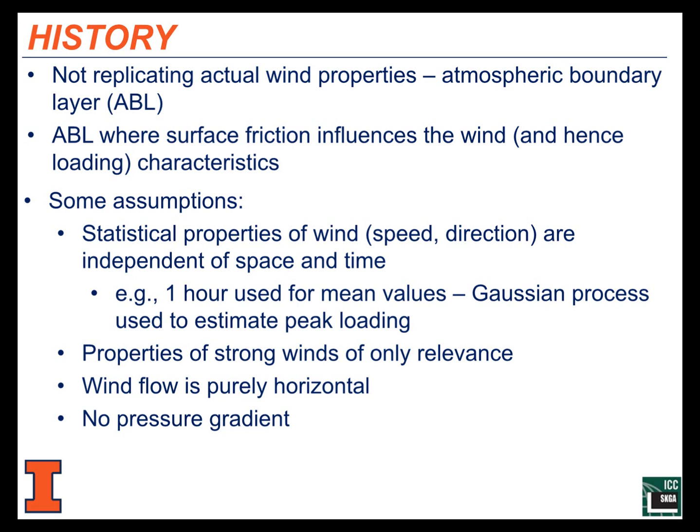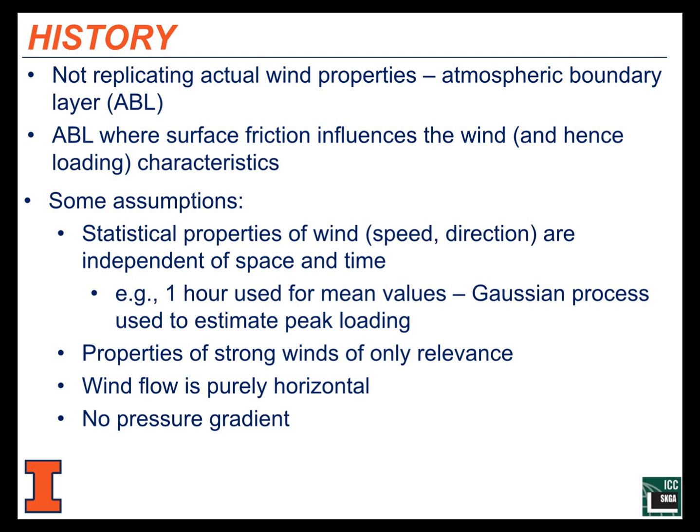Another thing that we assume with this independence in space and time is that we can describe these processes with simple Gaussian normal distributions to estimate peak loading. At least in the early days, we relied on that assumption.